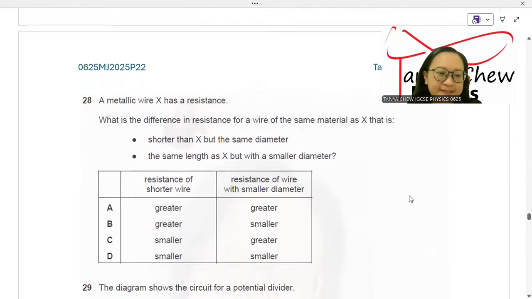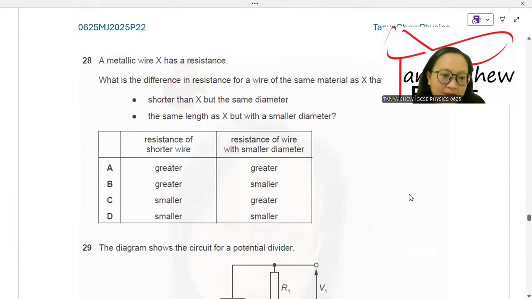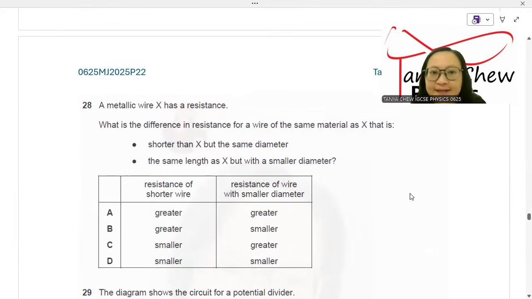Number 28. A metallic wire X has a resistance. What is the difference in resistance of a wire of the same material as X that is shorter than X but same diameter? Shorter length, lesser resistance. So smaller resistance.